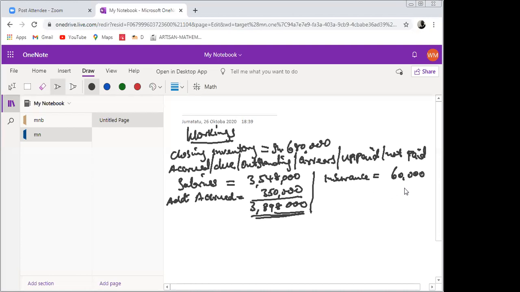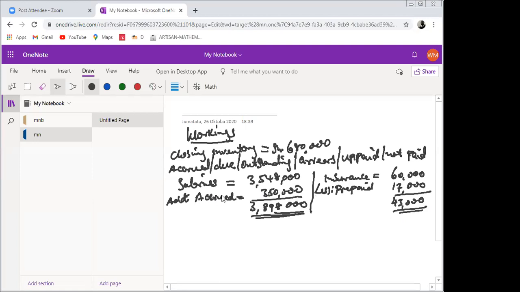We paid in excess 17,000. So 17,000 is not for this year. 17,000 will be consumed the following year, so we less. Any prepaid, you normally less the 17,000 so that we can get the figure that was supposed to be for this year only. It is going to be 43,000. This is what was meant for this year only.